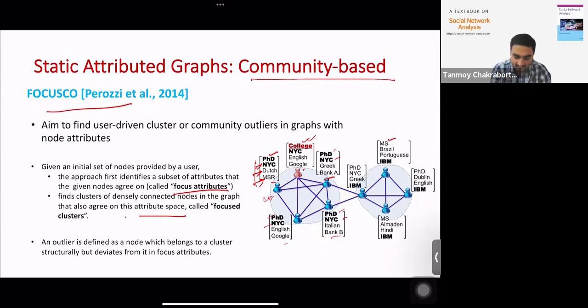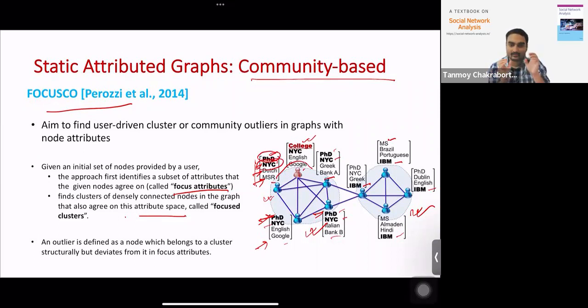For example, this is a community with respect to the focus attributes affiliation and degree. This is a community with respect to the focus attribute affiliation. Or say this is the community with respect to the focus attributes academic degree and current location.